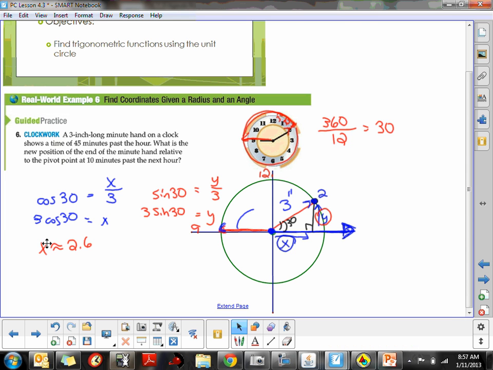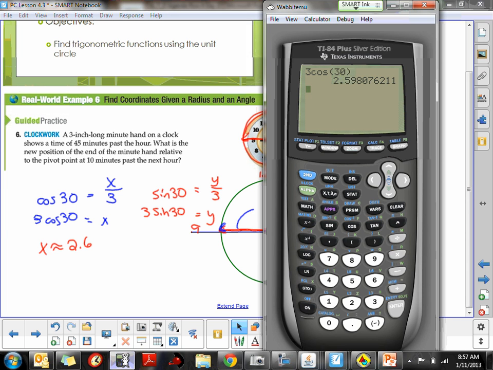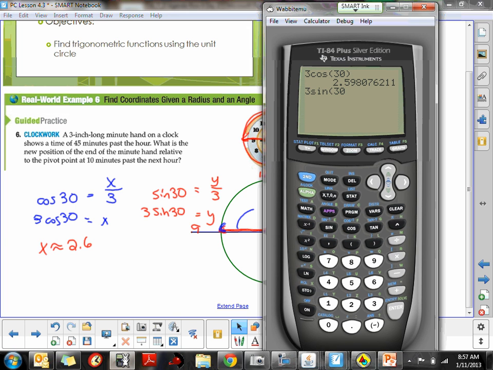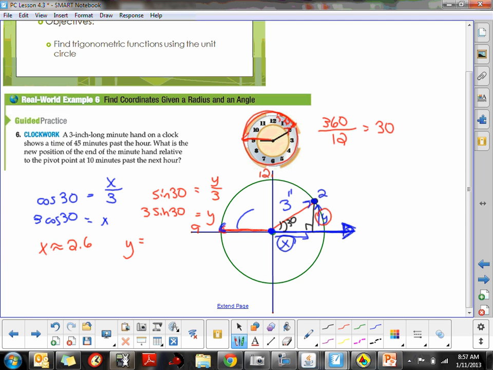The other thing we can do is take 3 times the sine of 30, enter, and we get 1.5. So y is exactly 1.5. So the new position is approximately 2.6 comma 1.5.